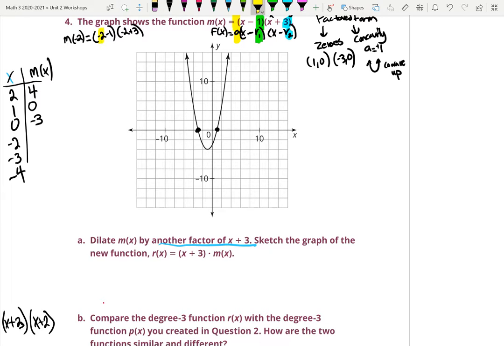Notice all I did was replace all of my x values with the input. And then I would get negative 3 times 1, which is going to be negative 3. Notice negative 2, if I looked at it on the graph, it would reveal the same thing. Let's keep on going. Negative 4. We can see negative 4 is just right there.